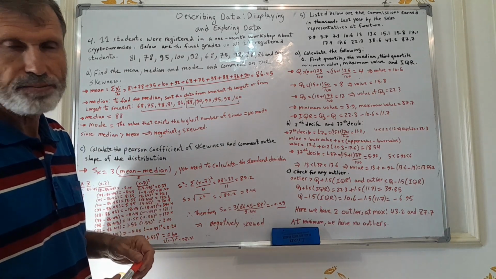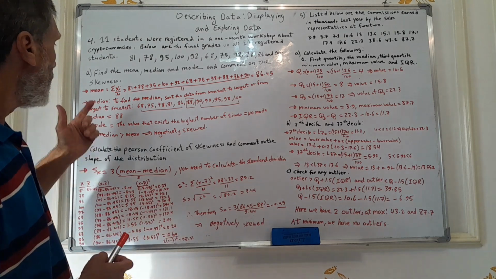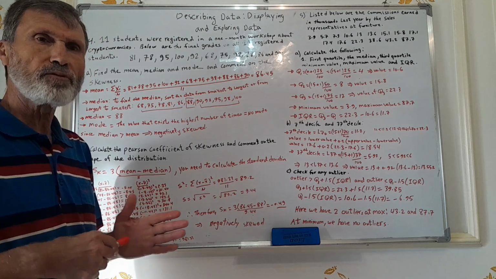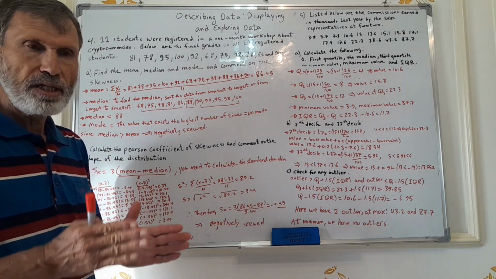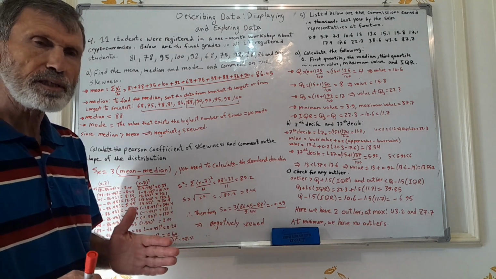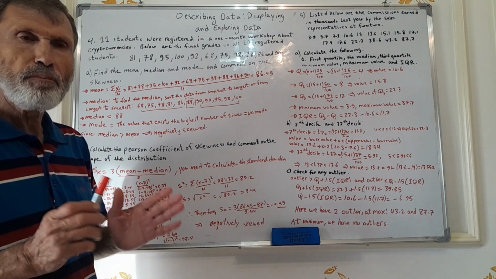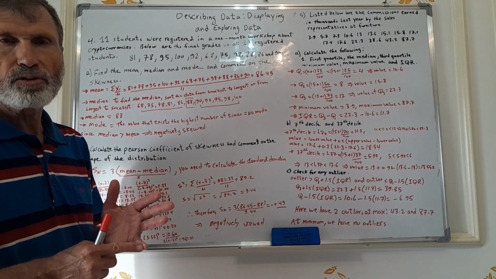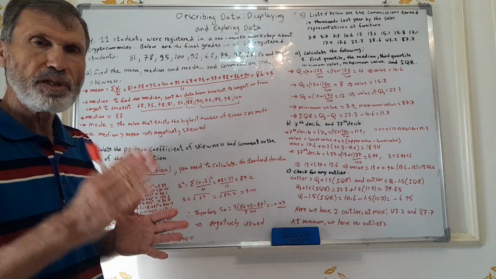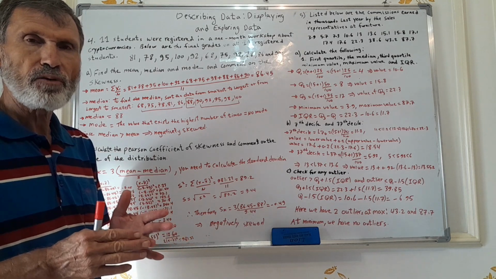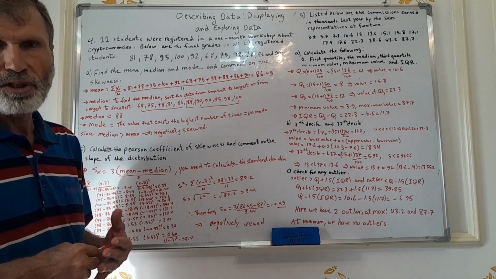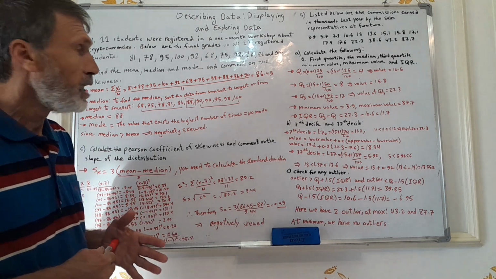This is the mean. To find the median, the very first thing you have to do is sort the values from smallest to largest, or from largest to smallest, and then locate the middle value. If the number of values is odd, we take the middle value, and if it is even, we take the middle two and average them.